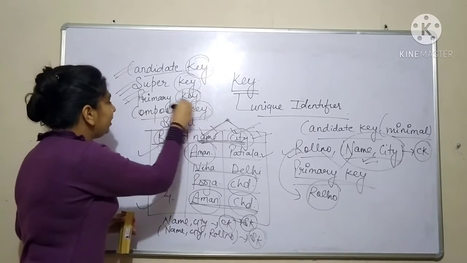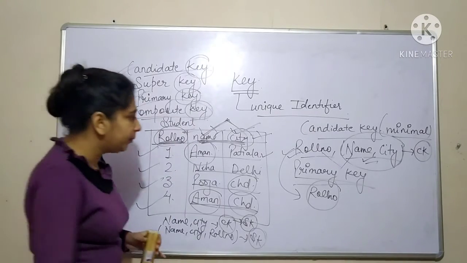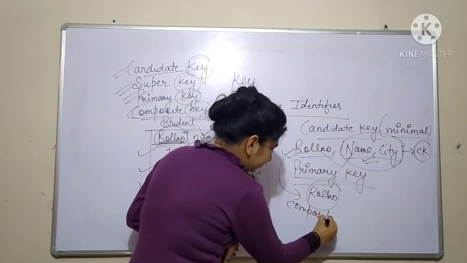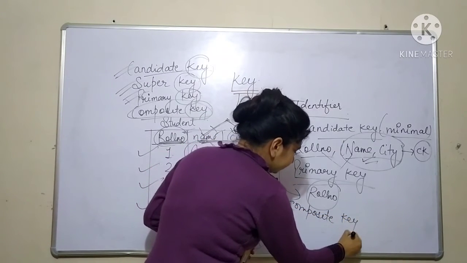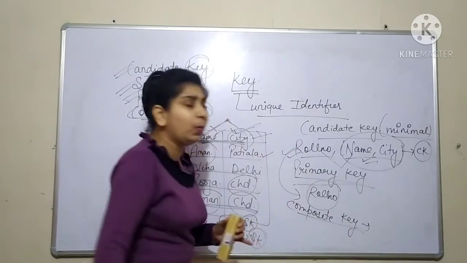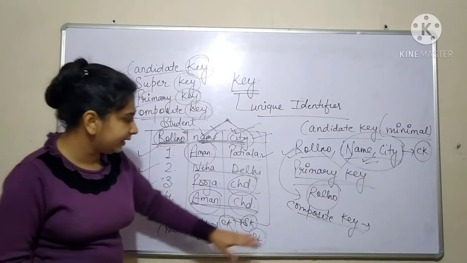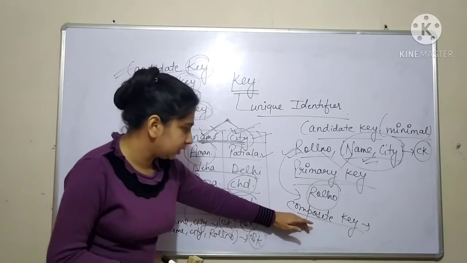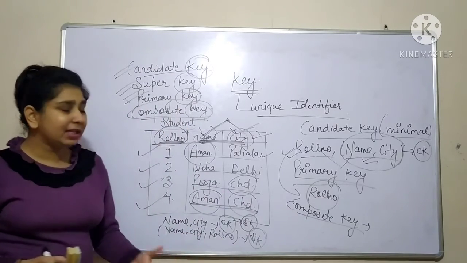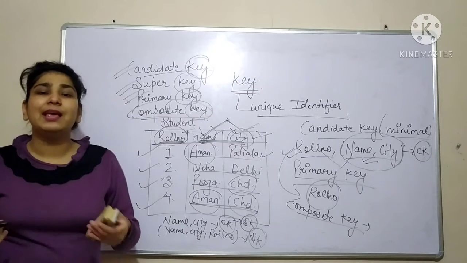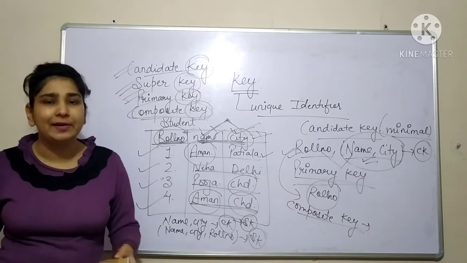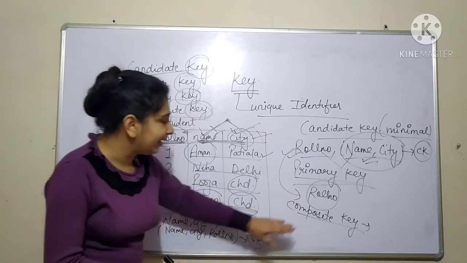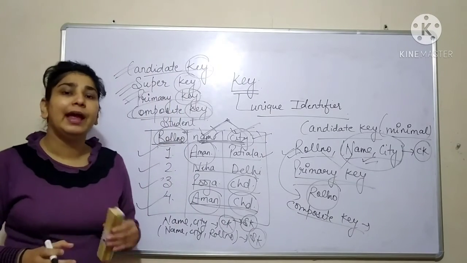Now let me tell you what is the meaning of composite key. Composite, as is clear from the name. Composite key means any key which has many attributes, any key which is made by combining many attributes.